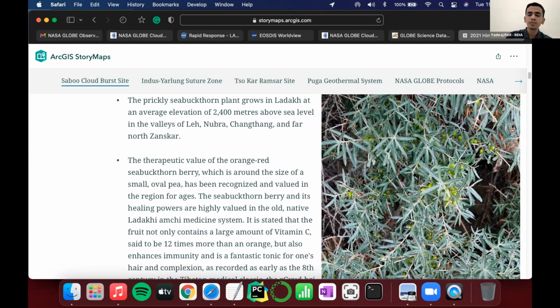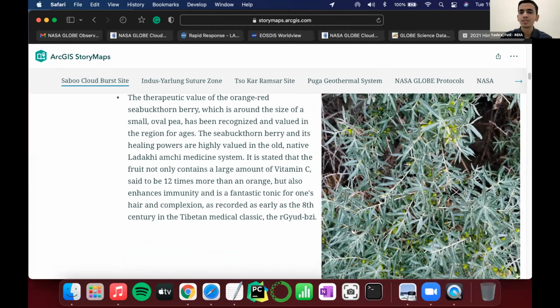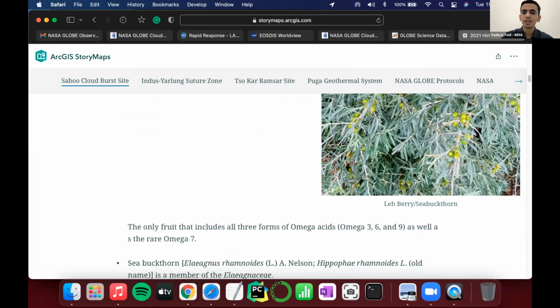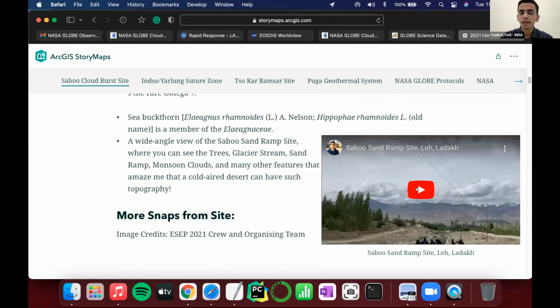The most interesting fact is that they contain a large amount of vitamin C, said to be 12 times higher than an orange. At such high altitude we obviously have less oxygen, and for that purpose nature is incredible in providing this kind of vegetation.